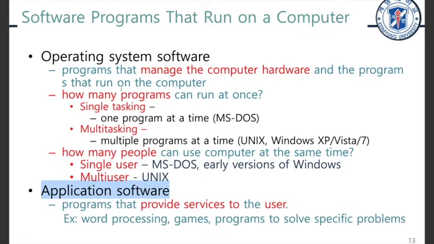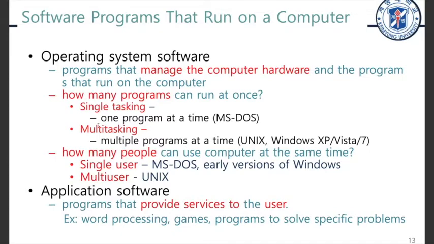For instance, we can classify them based on how many programs they run at one time: programs that run just one program at one time are called single tasking, and programs that run multiple programs at one time are called multitasking. We can also classify them based on how many people can use the computer at the same time, and in this case, we have single user and multi-user.